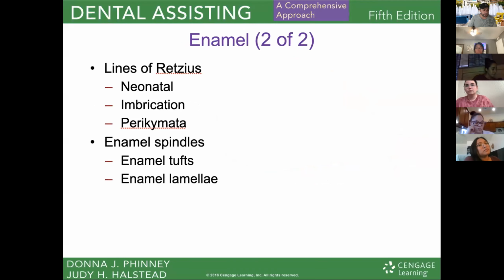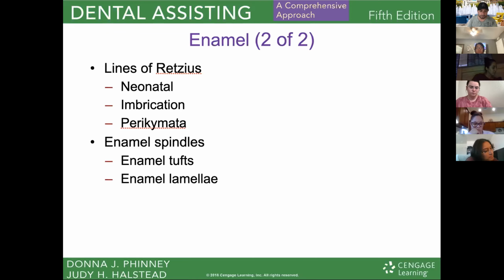Under a microscope, we see many different incremental lines, ridges, and grooves around the layers, much like the growth rings of a tree. Some indicate the trauma that has taken place, if there is any trauma. So we have lines of Retzius, some of which are called neonatal. We have imbrication lines and perikymata lines.